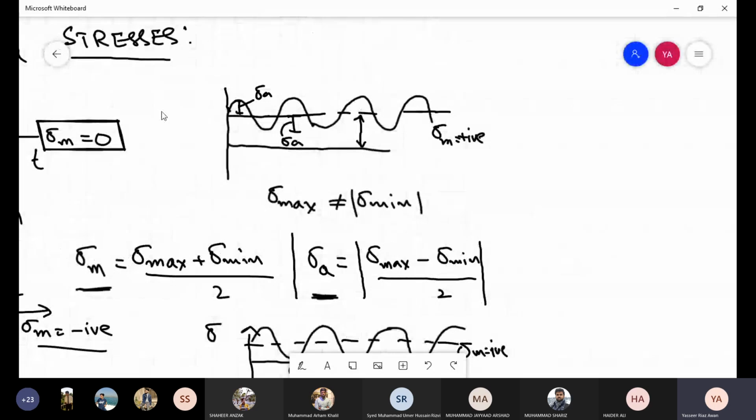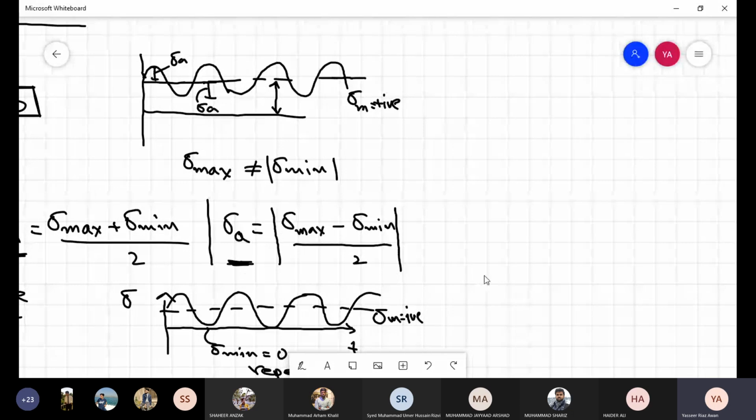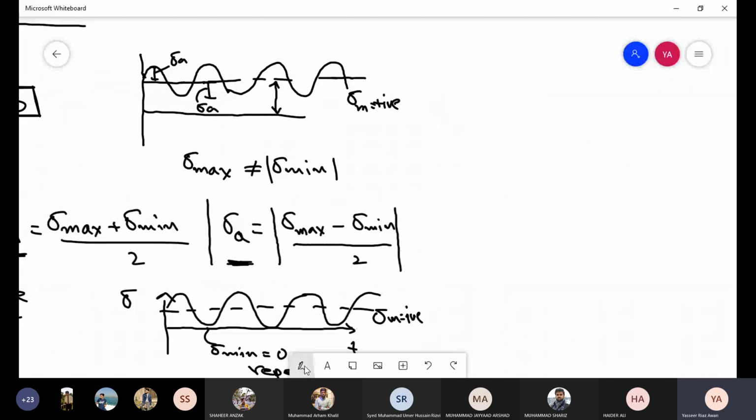So now before moving further, let us just see some other terms, okay, that are used in fluctuating stresses. Mainly we would be concentrating on sigma mean and sigma A component, the alternating component of the stress and the mean component of the stress, okay. But there are some other terms such as the range of stress.